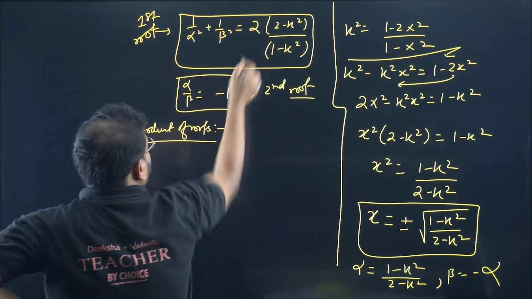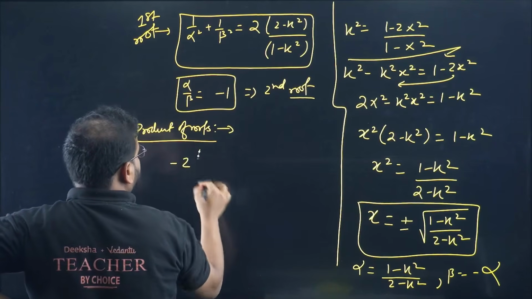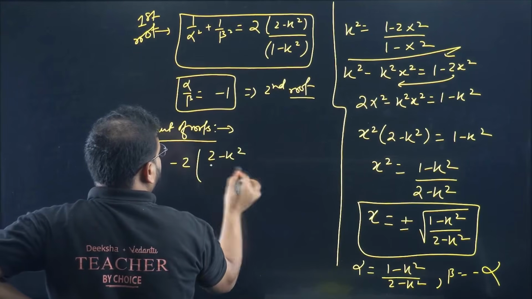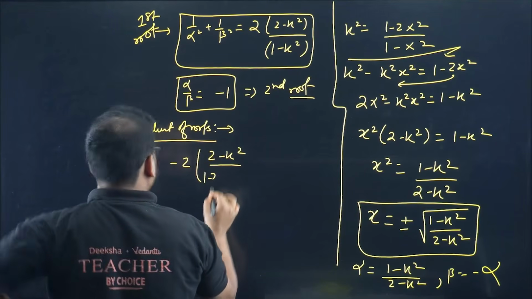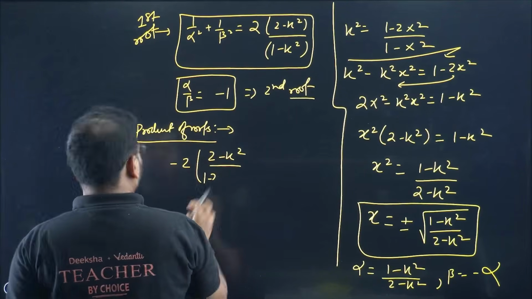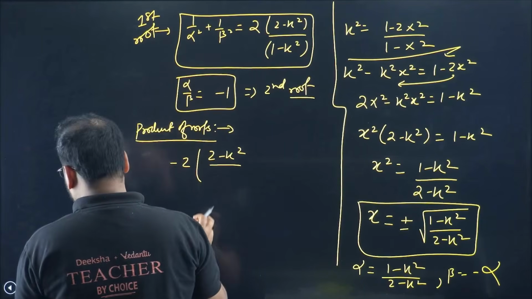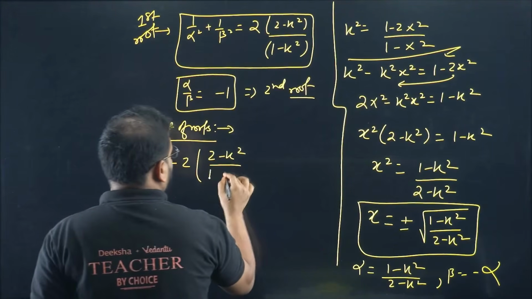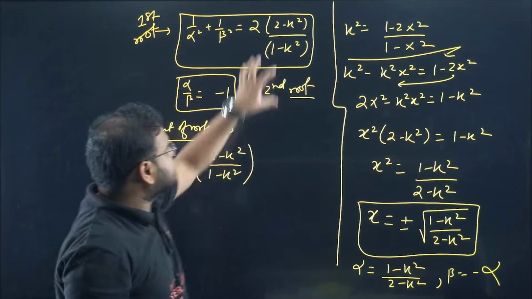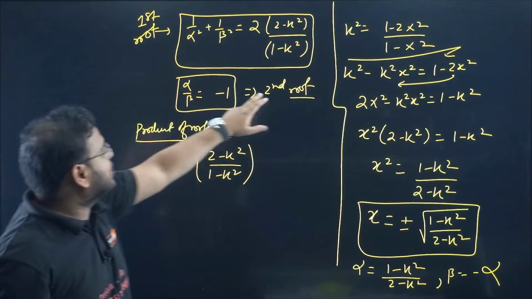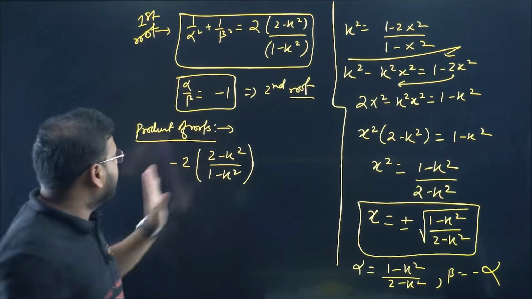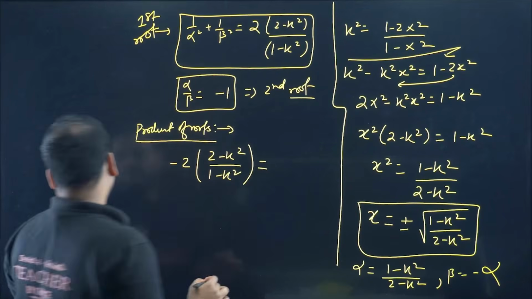We'll have simply minus 2 times the same bracket, 2 minus k square over 1 minus k square, multiplied with the minus sign. This is multiplied with minus 1 because this is the second root and that is the first root. This is clear. Product of roots, check this quadratic over here.